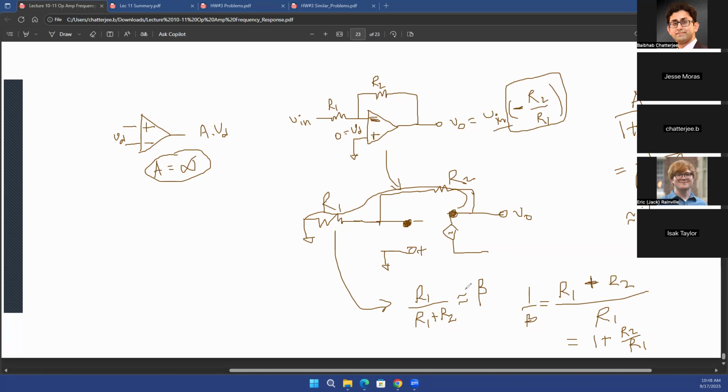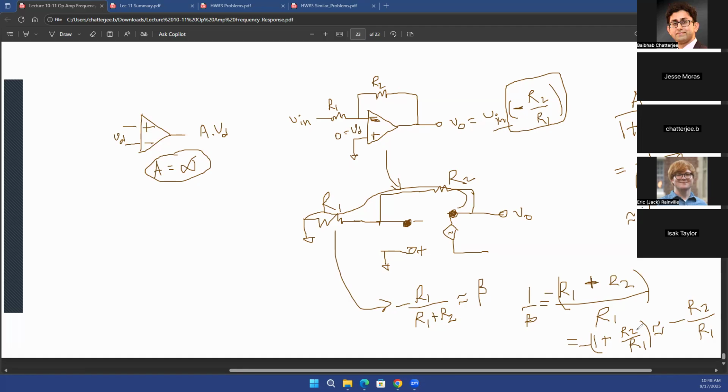Because your beta itself is going to be minus R1 divided by R1 plus R2. So your 1 over beta is going to be minus of all of this, which is almost equal to minus R2 over R1. So from the feedback factor theory, you have learned the theory of loop gain already.